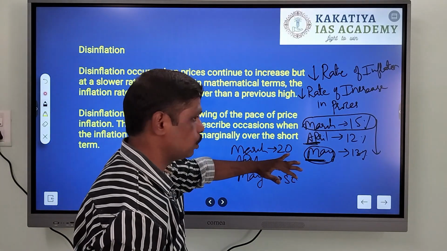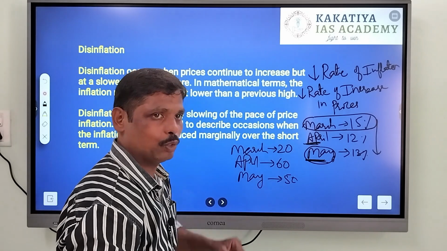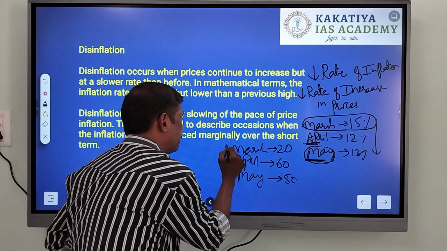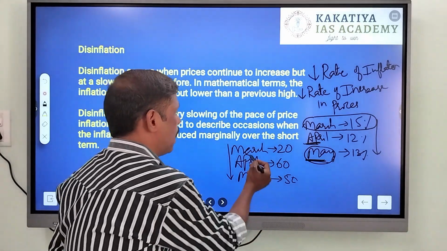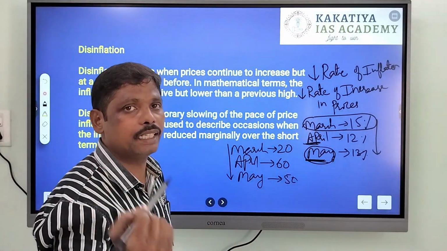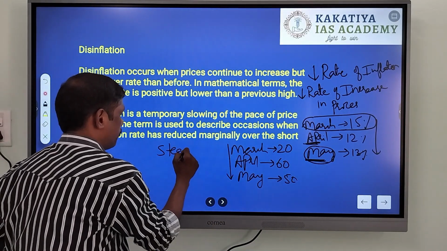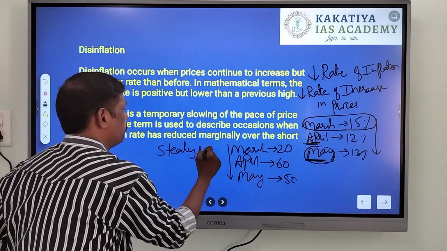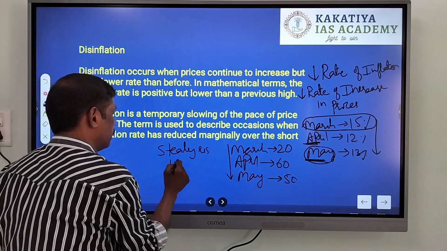So in March it is 20 rupees, in April it is 60 rupees, in May it is 50 rupees. That means overall, when we compare the price of onions from March to May, there is a steady increase. There is a rise in prices from March to May.